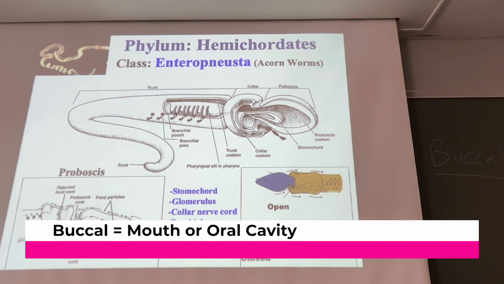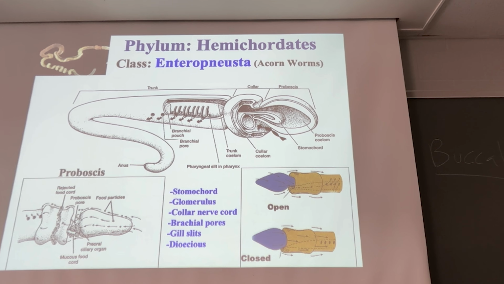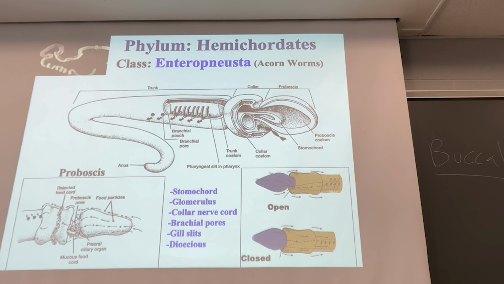Another anatomy term you should know, if you're going to be an anatomist, whether human or animal, is buccal. So that means mouth. You have a mouth opening or cavity, and you can see that the water they're going to suck out of the sand will enter with sand and debris into the pharynx.